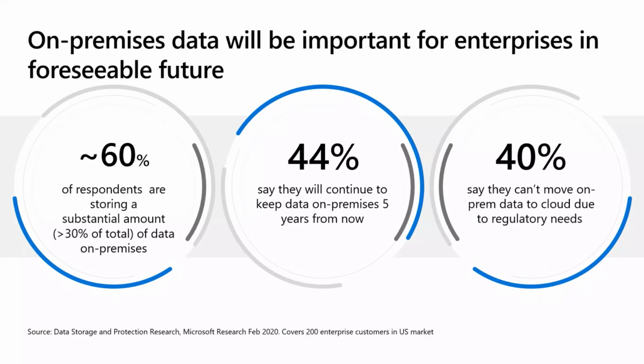For sure, the number of customers that work just offline or just on-prem will be minimal, but most enterprise customers will have an on-prem footprint even 5 years from now. And when we go to bigger customers, the numbers are going higher.